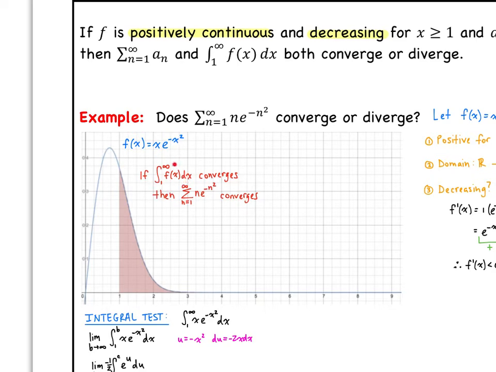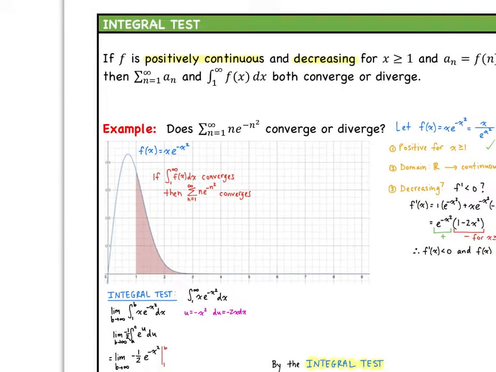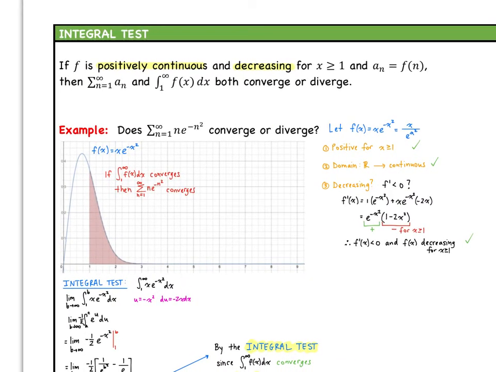If the integral converges, then so does that series. Since this is an improper integral, we'll have to set up a limit. But before we can apply the integral test, we have to show that it's positive, continuous, and decreasing.